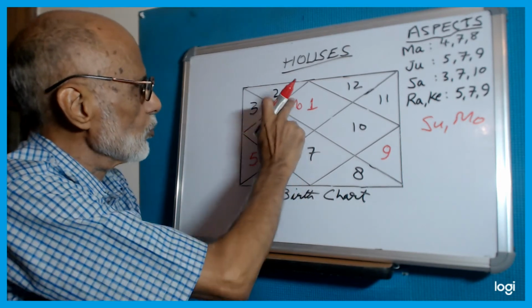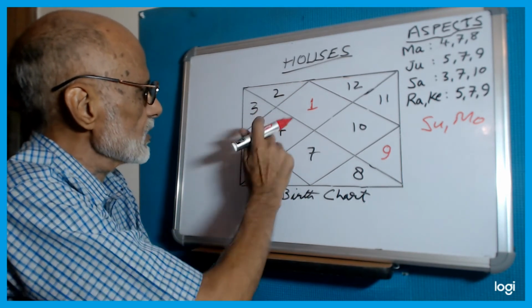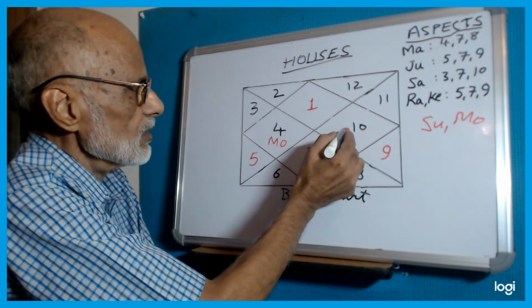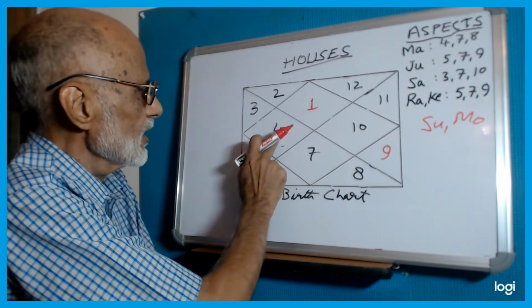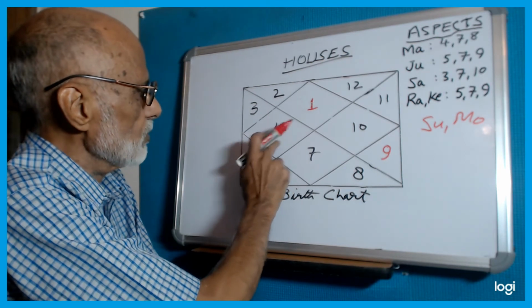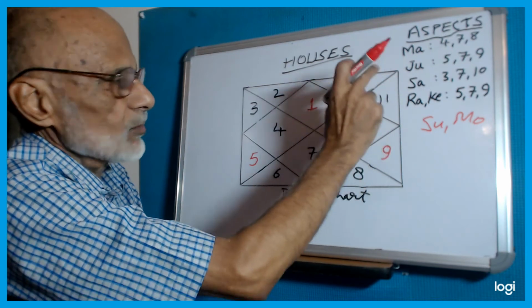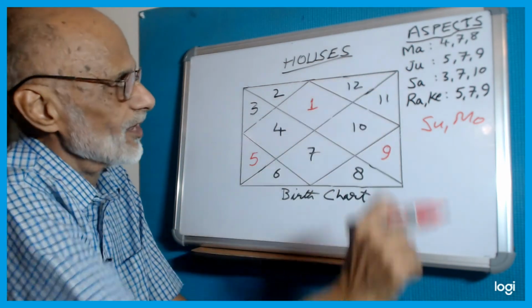Now the moon could have been sitting anywhere else. If the moon was sitting here, it will cast its aspect on the 10th house, right? And so on. So all the 9 planets cast aspect on the 7th house from the house where they are sitting, right?